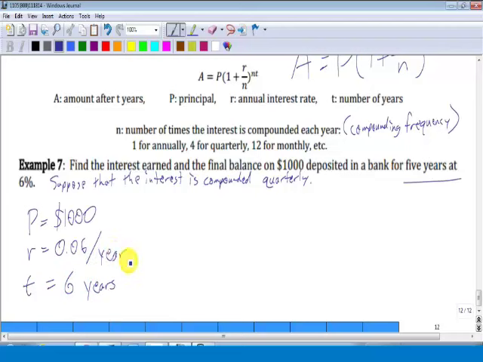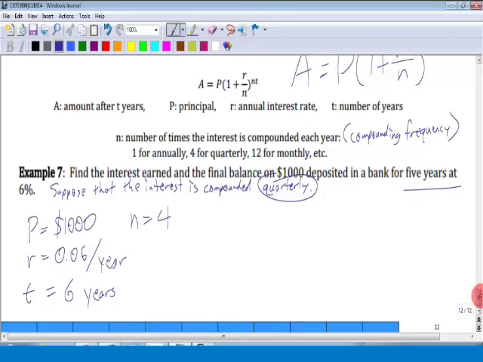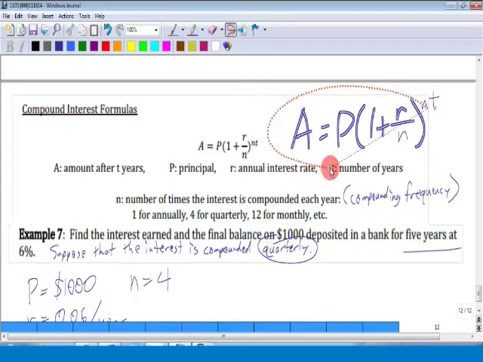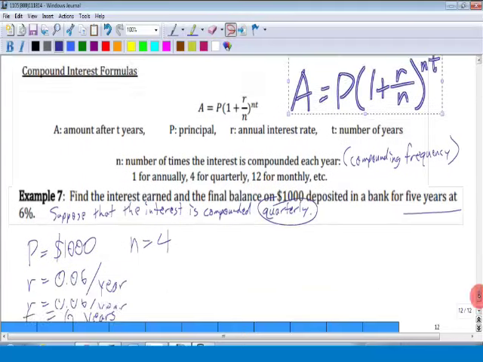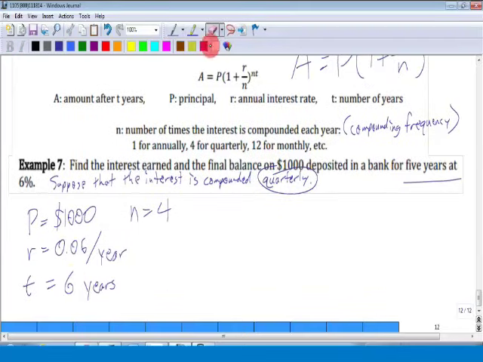It's an annual interest rate. Time equals 5 years. Sorry about that, 5 years. And N equals 4 because it is quarterly.